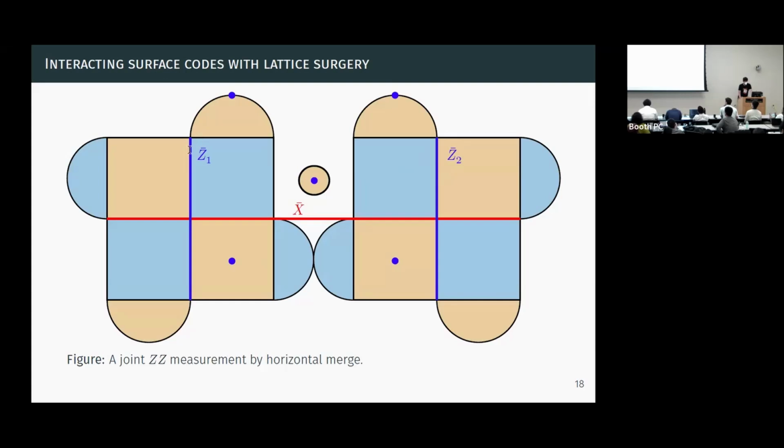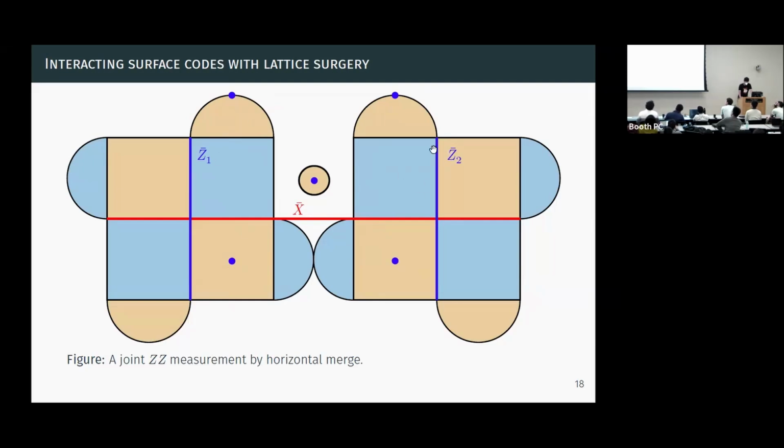But if you have your logical Z operator Z1 and logical Z operator Z2 on these two patches, and we measure this patch in the middle between our two surface codes, then if we multiply the measurement results of this Z patch, this Z patch, this Z patch, which is now 4 qubits in the middle, a big square, this one and this one, then what you have computed, the product of these measurements, is the product of Z1, Z2.